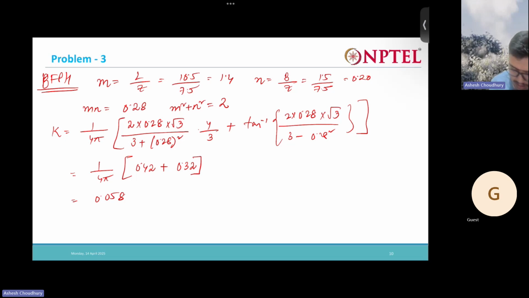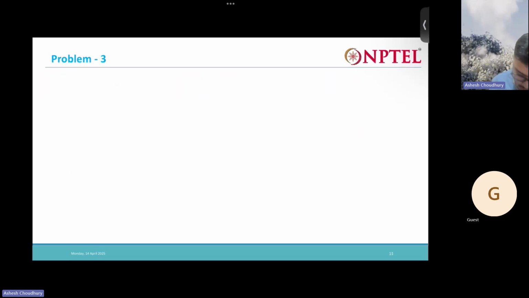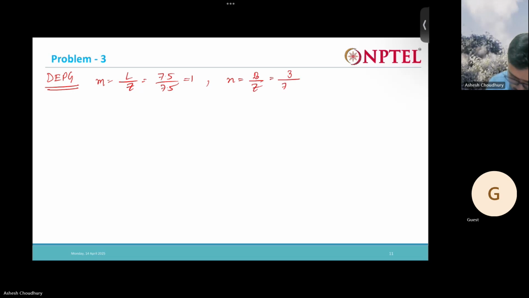Next, similarly, you have to do it for the others also. So K will come out as 0.1013. Okay, I'm not showing the calculation. You do it yourself and check the results. All right.